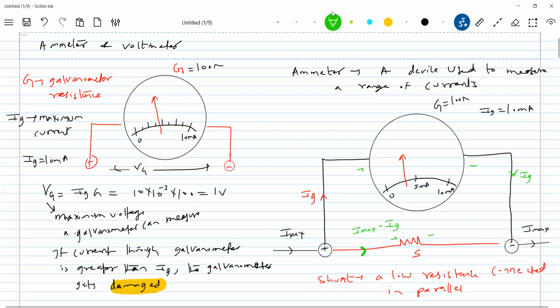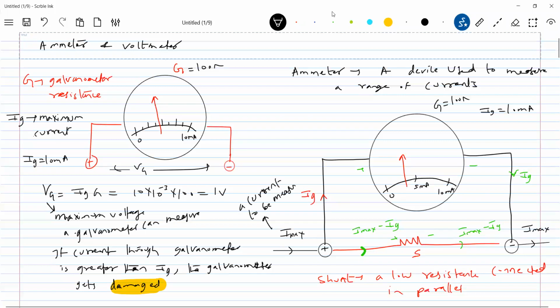So Imax minus Ig, plus Ig, equals Imax here. So when you apply that maximum current, it is a current which has to be measured. What is this Imax? A current to be measured.